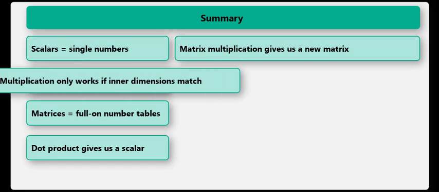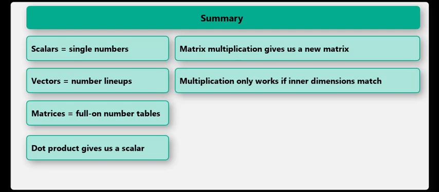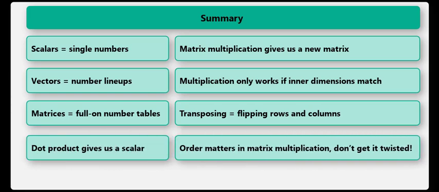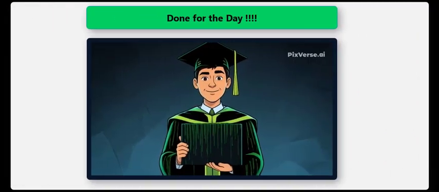Then multiplication only works if inner dimensions of both the matrix you are trying to multiply matches. Then transposing is as good as flipping rows and columns. Then order matters in matrix multiplication. Don't get it twisted. So that's all.